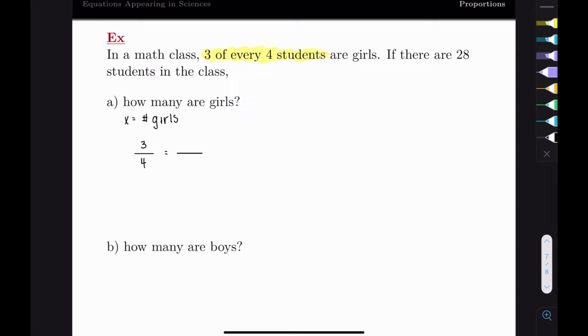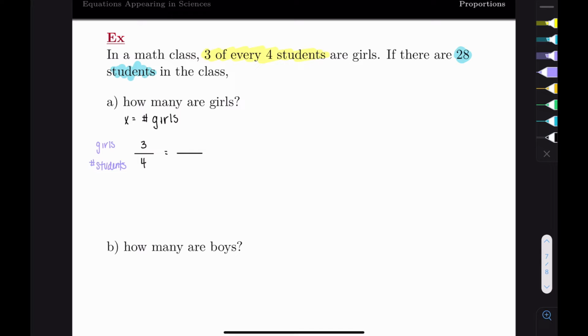And so what I want to recognize is this top one, the 3 is saying every 3 of 4 students is girls. So the top is girls and the bottom is the number of students because it's 3 of 4 students are girls.